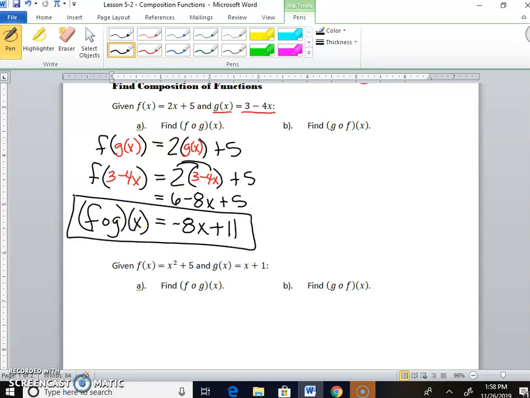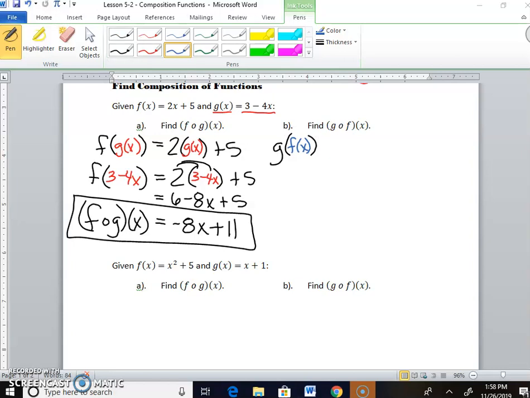Okay? Now, on the flip side, we've got the different way to write this, g open circle f of x. For this one, g open circle f of x is going to mean g of f of x. So this is backwards of our other one. This means that I'm going to take my f function and plug that into my g function.